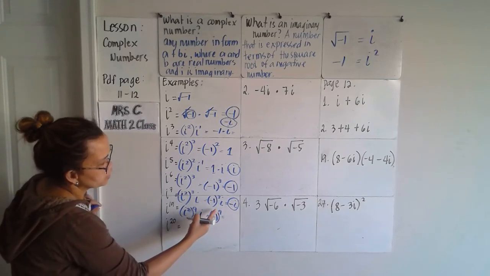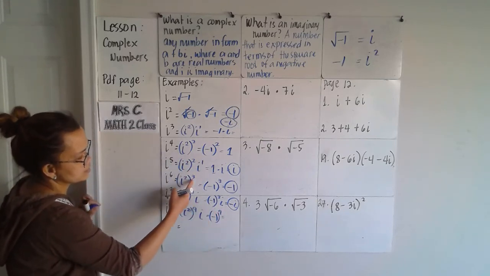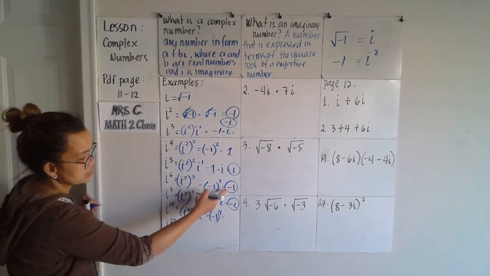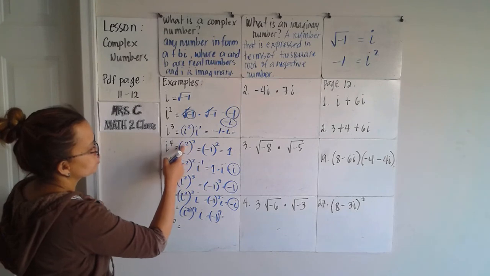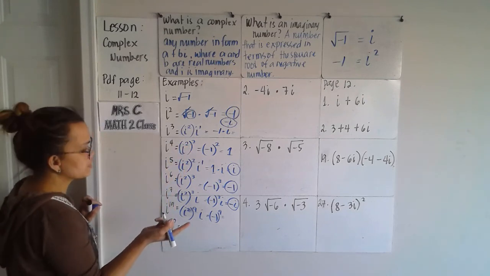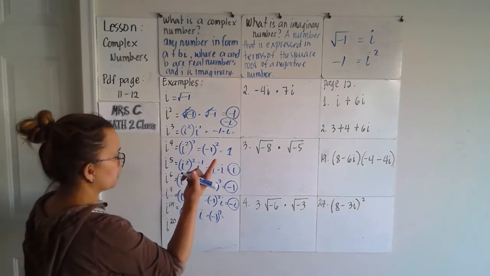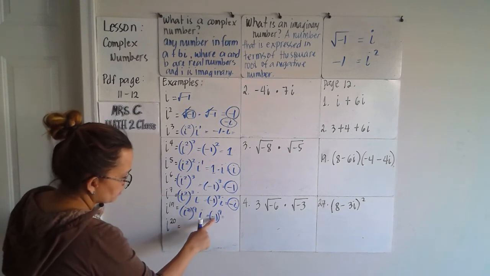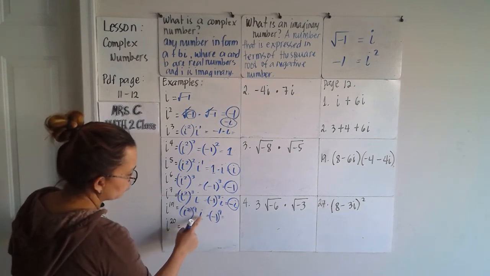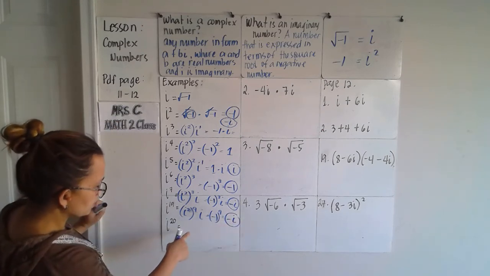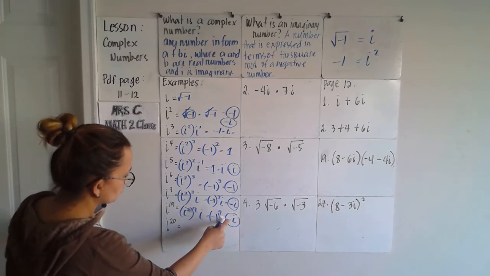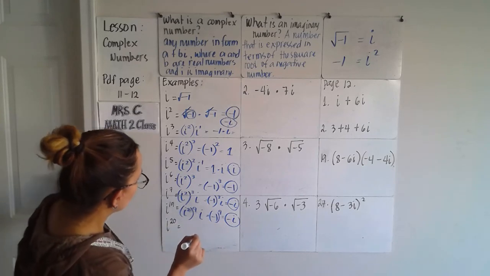If it is an odd power, it's negative 1. If it is an even power, it will give you positive. So that will be negative 1, and negative 1 times i is negative i. You got it? Oh, wait, why is it the same thing? No, this is positive. Oh, wait, hold on.